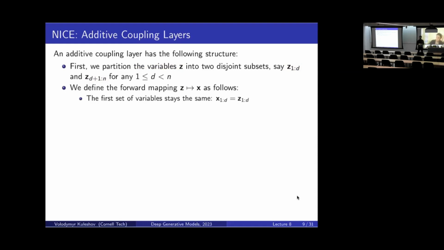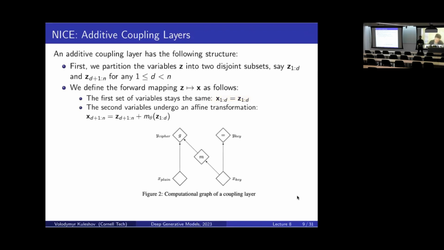The set of variables that are in the first subset get mapped into x without any transformation. Now, the second set of variables undergo this affine transformation, where we add to them this additional term, m sub theta of z 1 to d, and this m sub theta is a model that is just parameterized by a neural net.